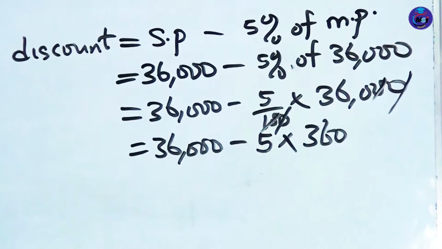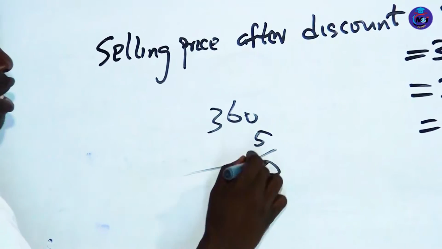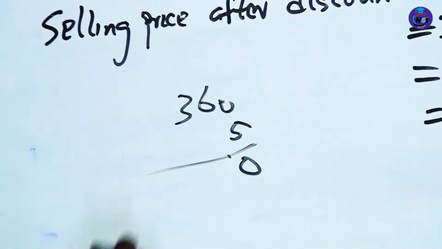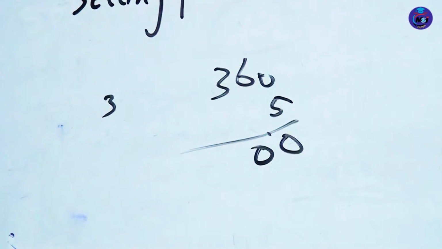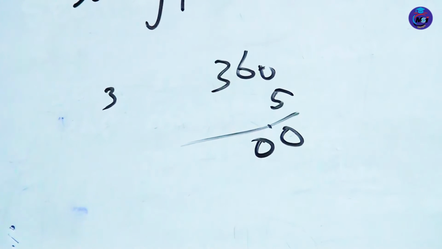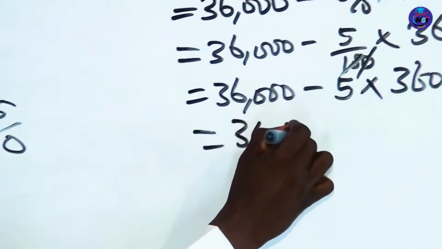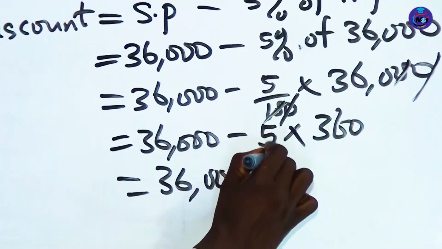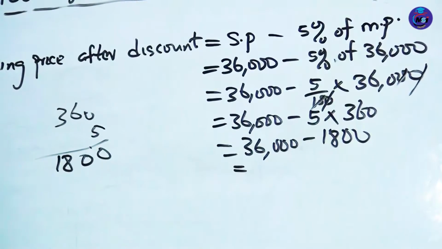Okay, now let's multiply. 360 times 5. 5 times 0 is 0. 5 times 6, 30. We have 0 carry 3. 5 times 3 will give us 15. Plus 3 will give us 18. So we have 36,000 minus 1,800.